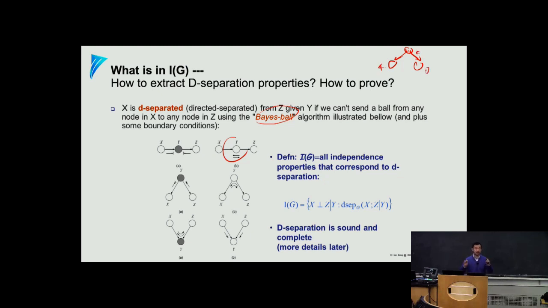You can actually prove that algebraically. Same thing: you can prove all the other properties algebraically just by using the minimum structures, which are a V structure, a chain structure, and also the common parent structure. And all these rules can propagate. Whenever you run into a node, you always run into these three basic structures, nothing more than that. And then you can establish a global set of such things. Okay? Yeah?